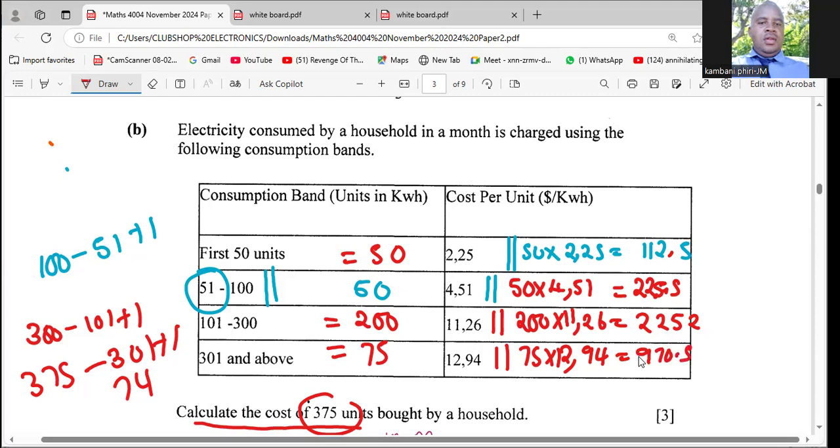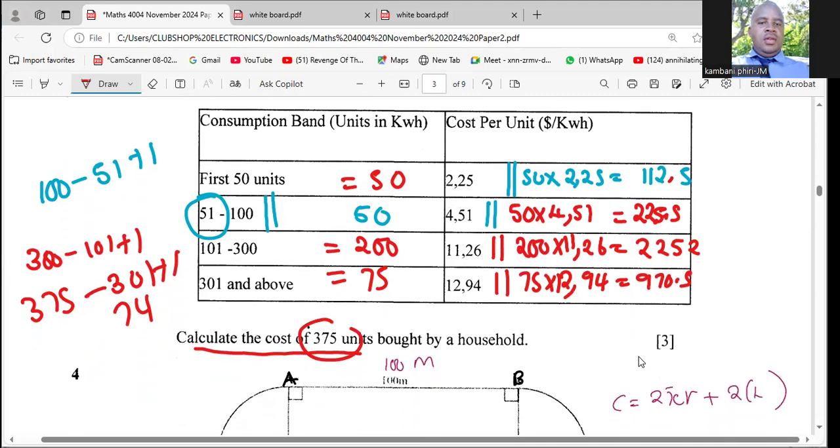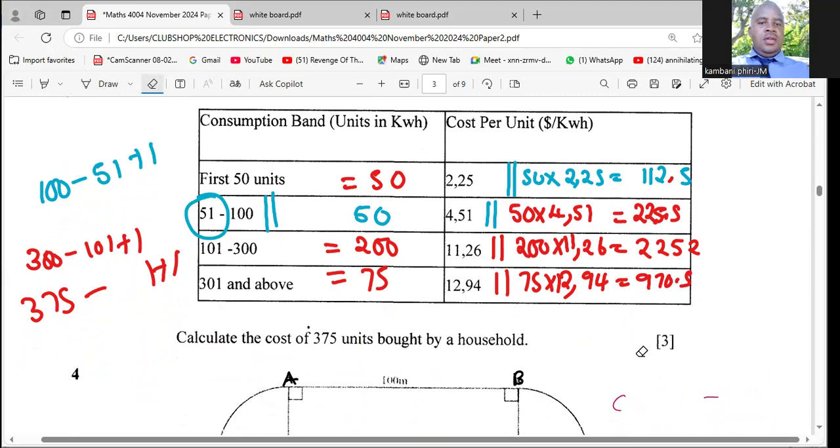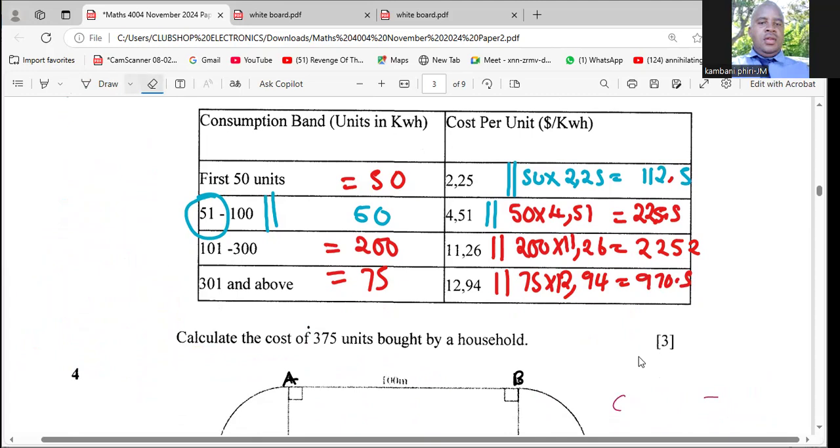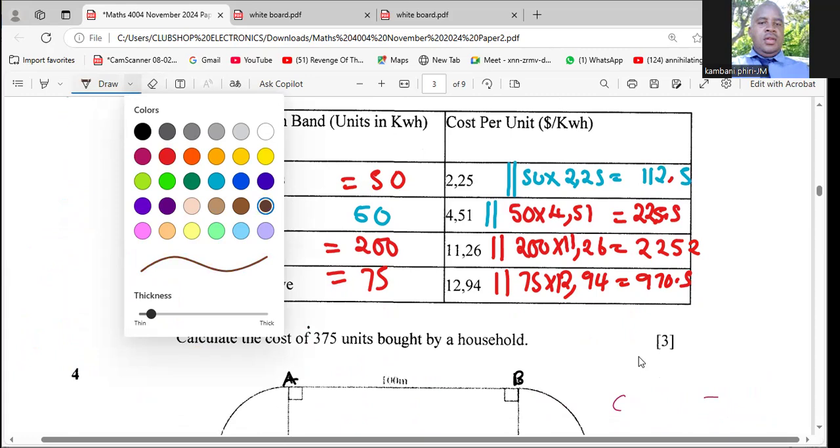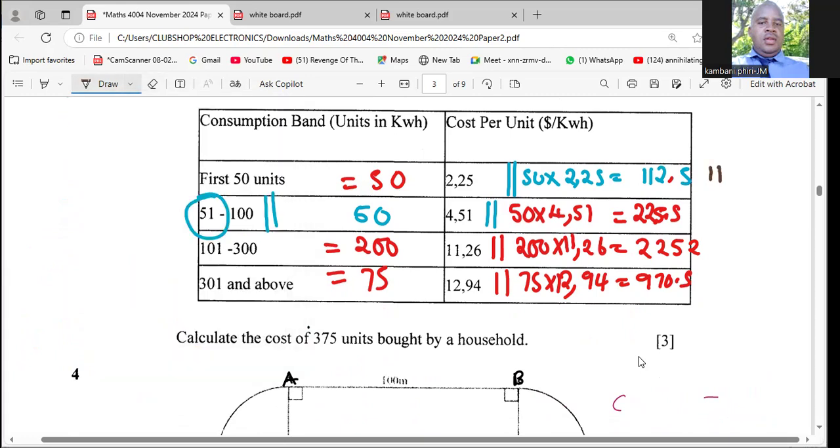So now the total here is found by saying 112.5 plus 225.5 plus 2,252 plus 970.5.